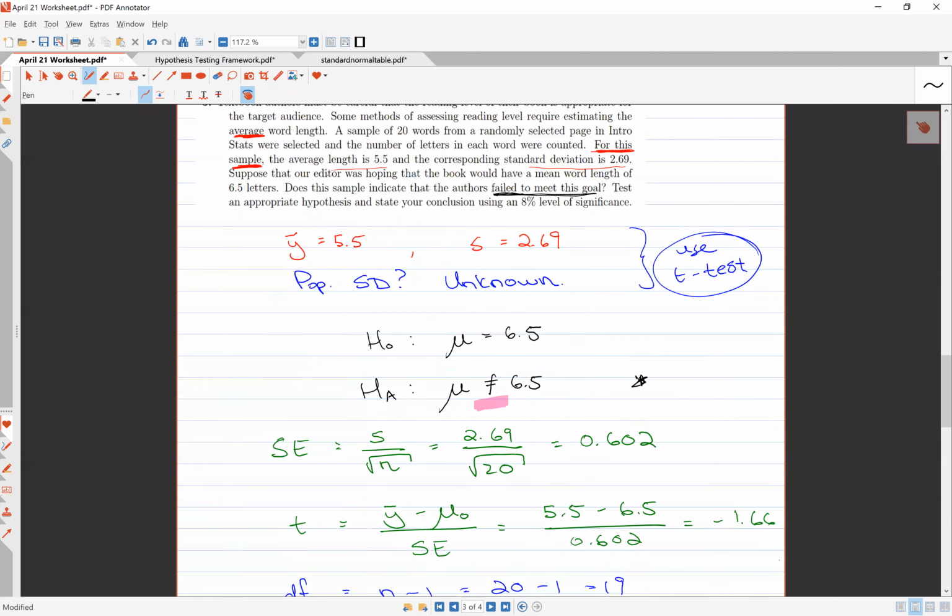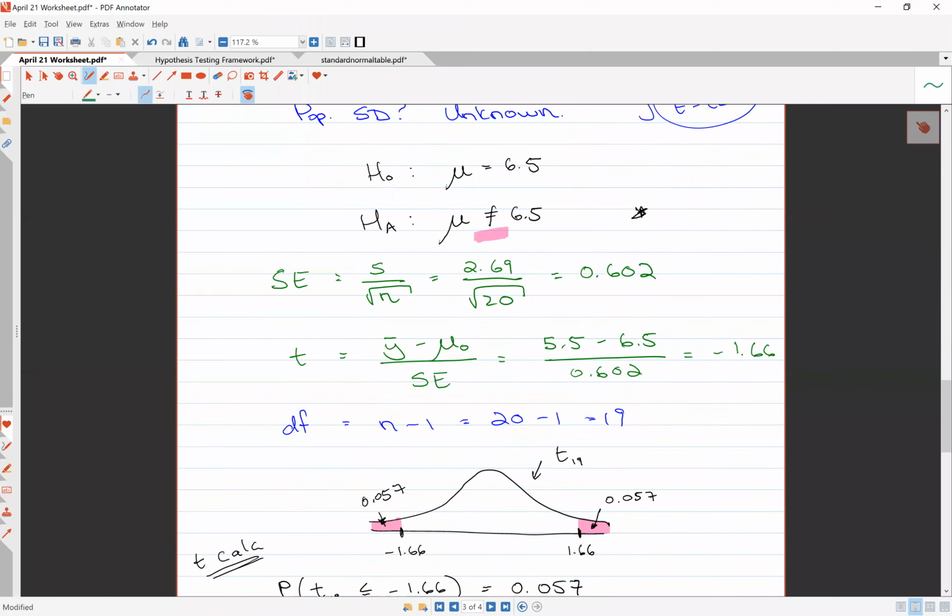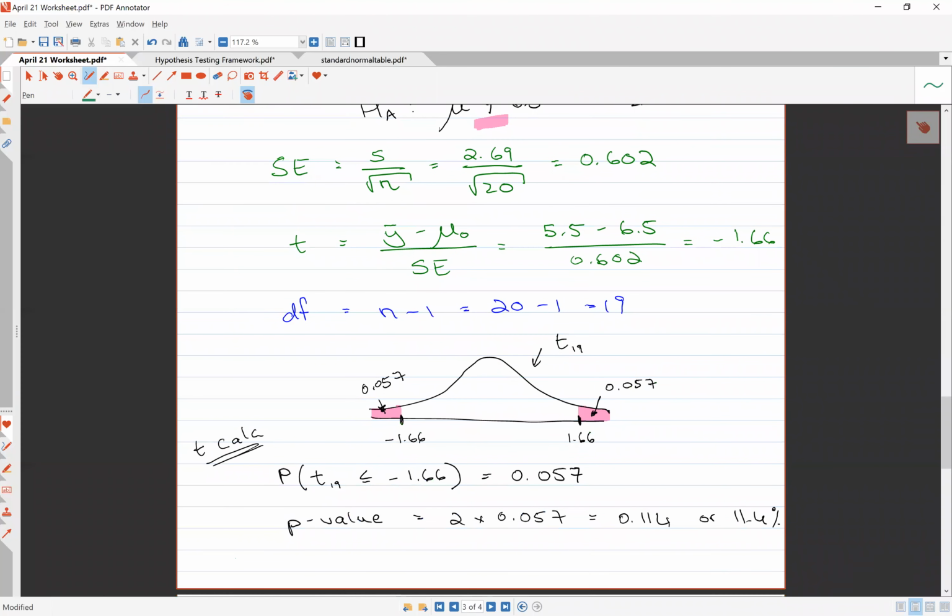I'm comparing that to an 8% evidence threshold. So my p-value of 11.4%, how does that compare to my level of significance? Well, it's greater than. So this would be considered a large p-value because it's larger than my significance level.